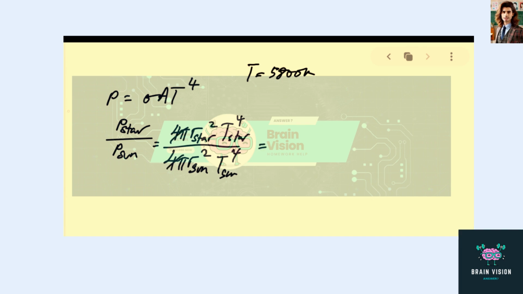Of course, we can get rid of the 4 pi. Radius of the star, we have previously mentioned that this is about 600 times that of our sun. So if we square this, it will be 600 squared. Temperature of the star is 3000 kelvins, 3000 to the power 4.